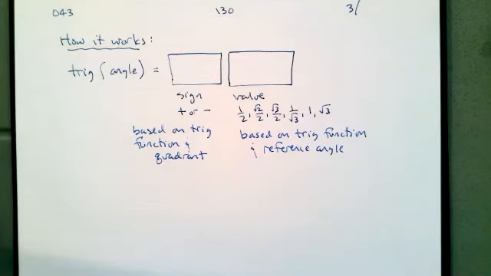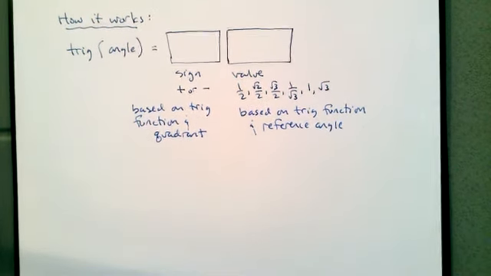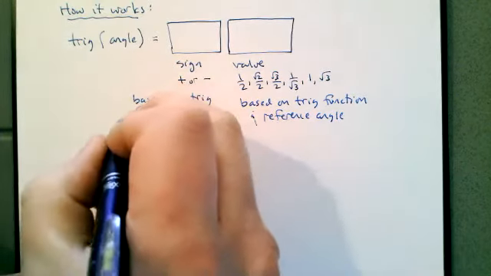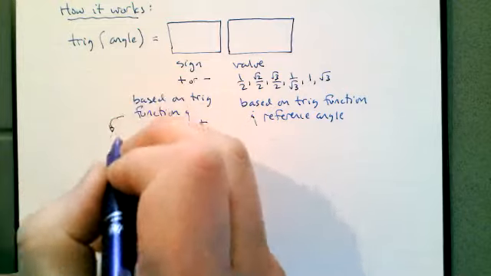There's one more piece of information that we need. We need to figure out how to decide on the sign based on the trig function and the quadrant. To do this, there's no trick to it. We're just going to try to remember what's positive where. This is what I call what's positive where.